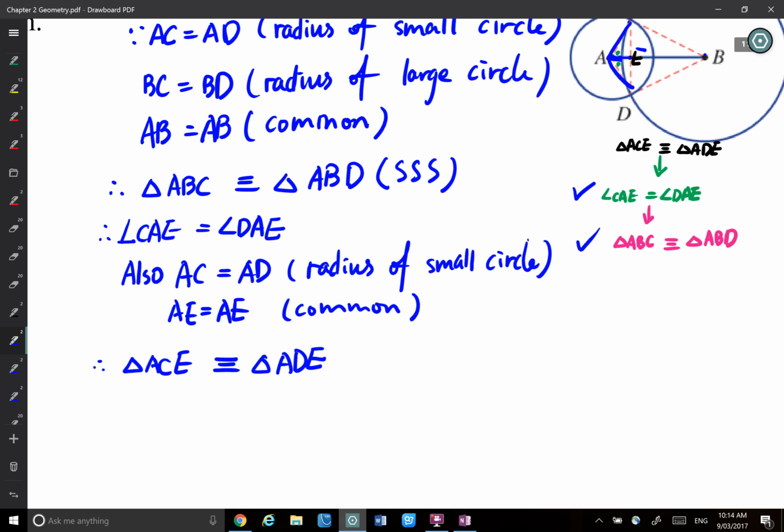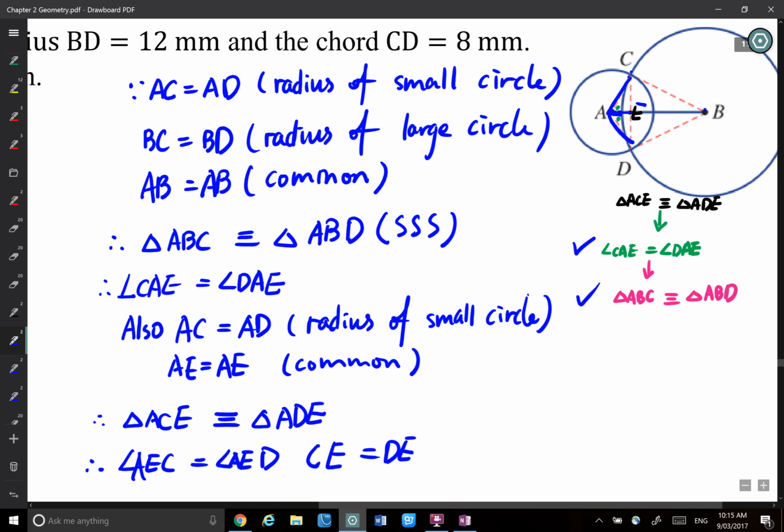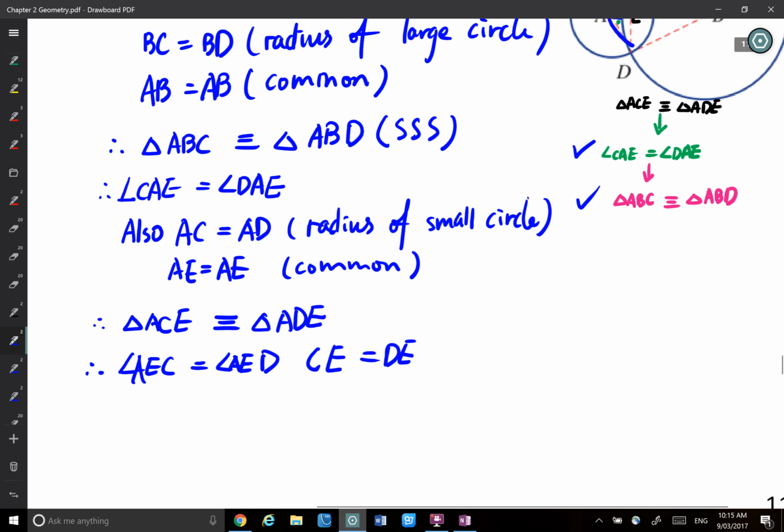Why do I want to prove they are congruent? Because I want to prove that angle AEC equals angle AED, and that CE equals DE. The corresponding angles are equal, and the rest of the pairs need to be equal.